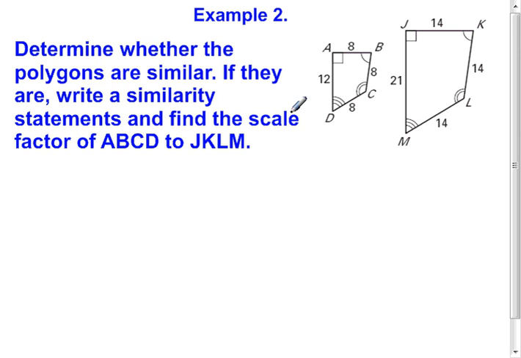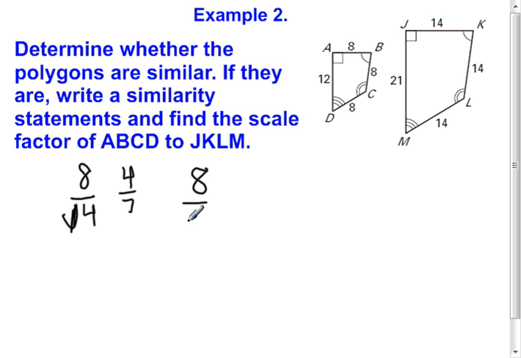Okay, example 2. Determine whether the polygons are similar. So if they are similar, then all of the sides should be proportional. So if I check AB over JK, which is 8 over 14, reduce that, I could divide them both in half, so I'd get 4 over 7.